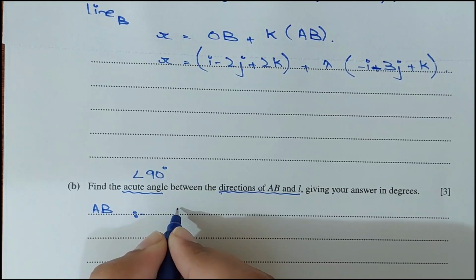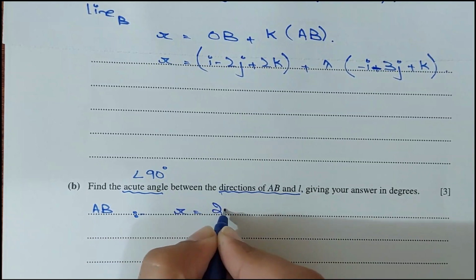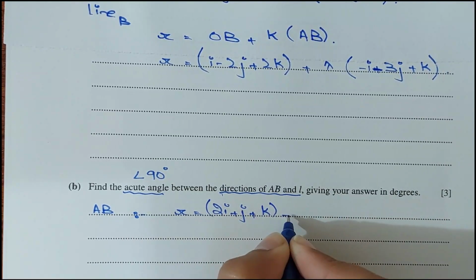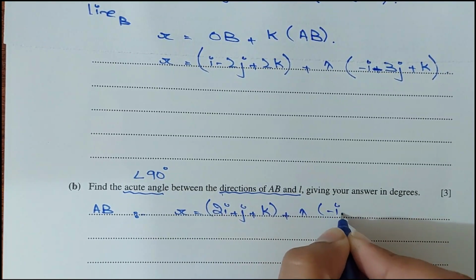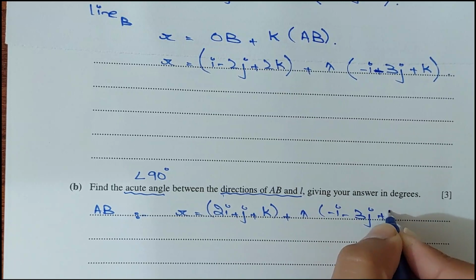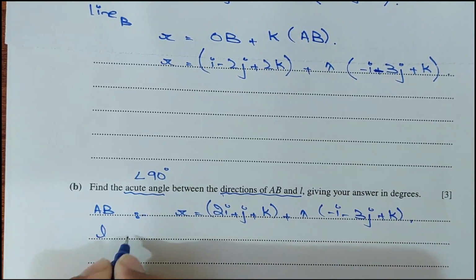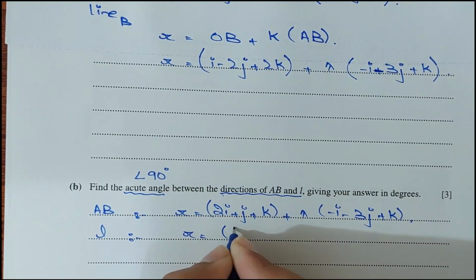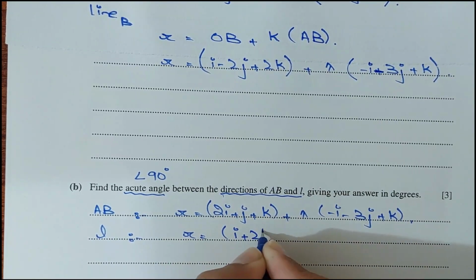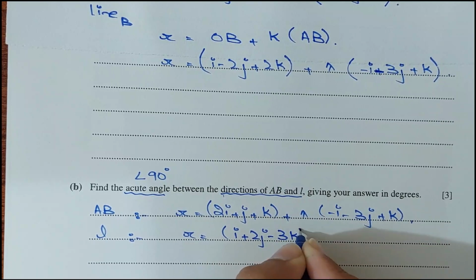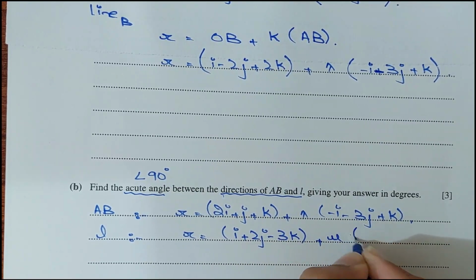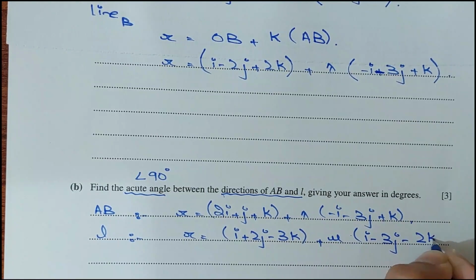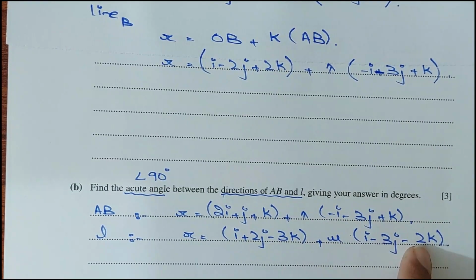So line AB is R equals 2i plus j plus k plus lambda times minus i minus 3j plus k. And the line L is R equals i plus 2j minus 3k plus mu times i minus 3j minus 2k. Okay, so these are the directions, right?